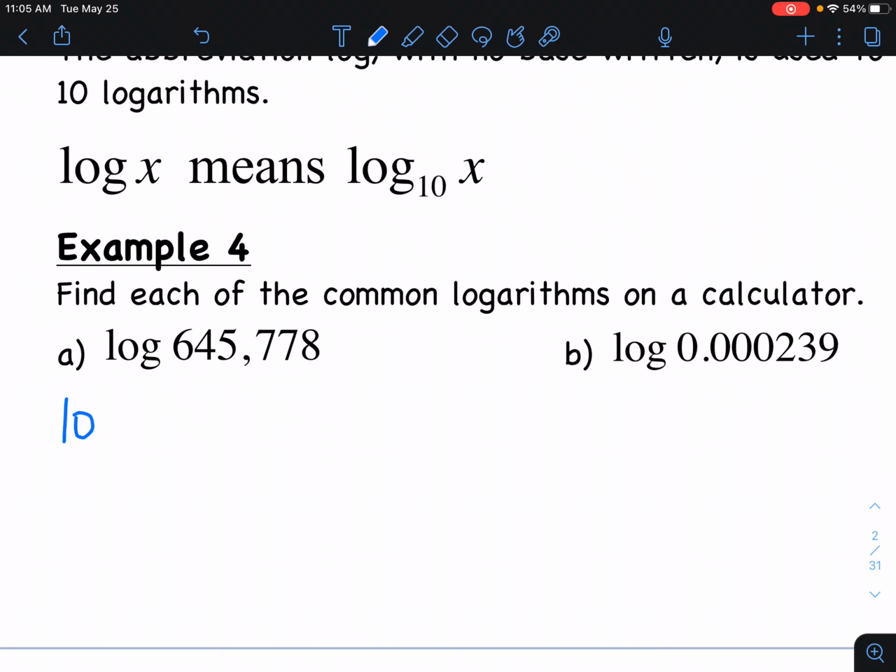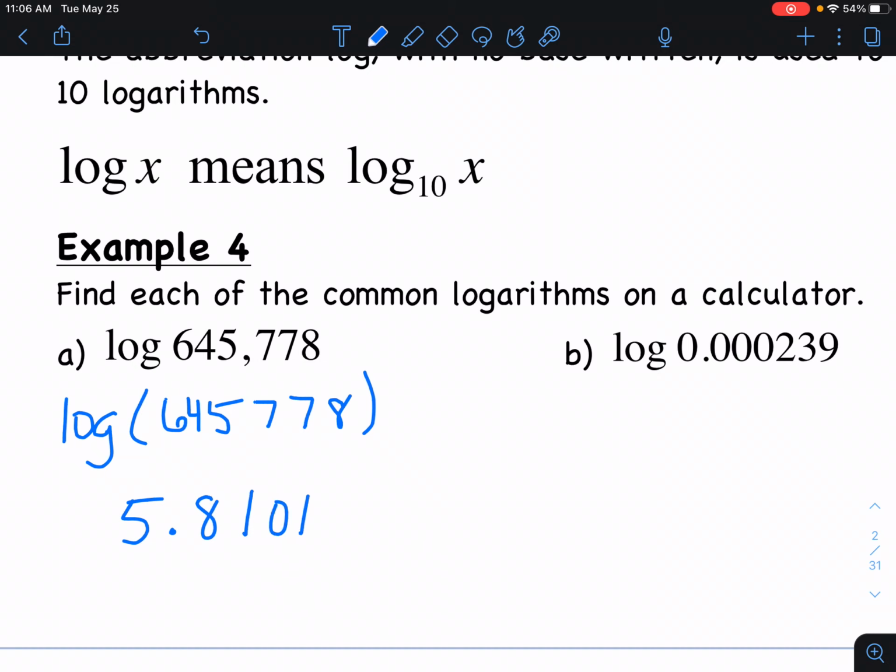When I hit the log button, it opens parentheses, and I literally just put the digits in, and then I hit enter, and then I'm going to round. The more decimal places, the better. You definitely don't want to round to a whole number here. Let's get at least 2, 3, maybe 4 decimal places. The more, the better.